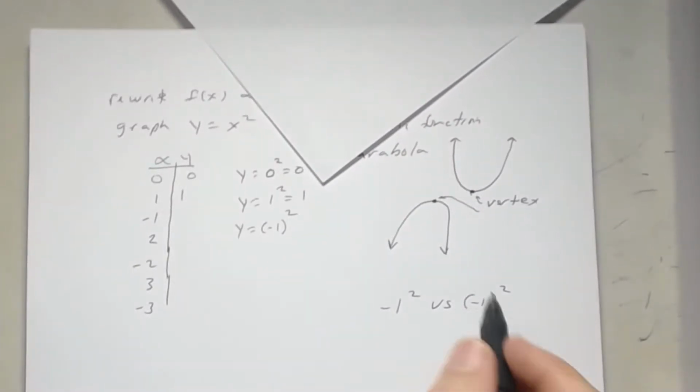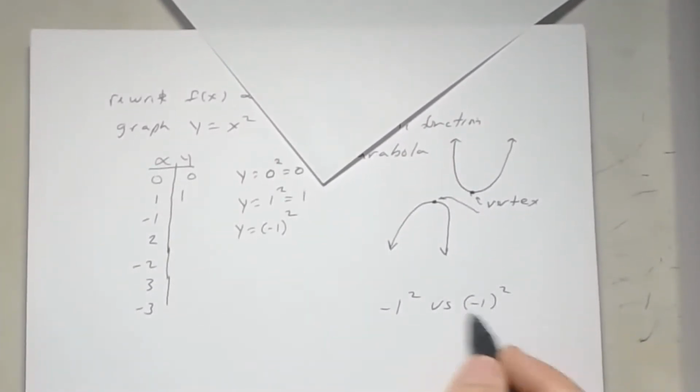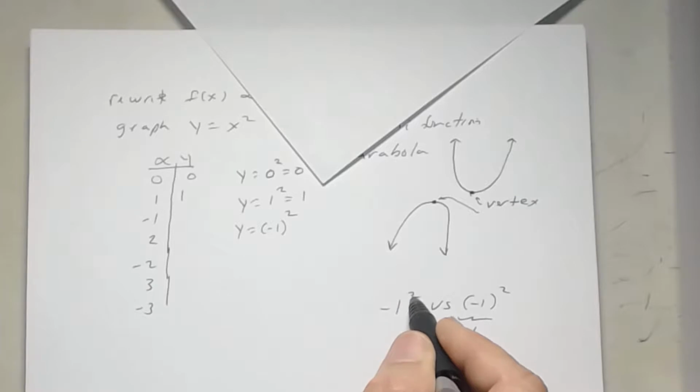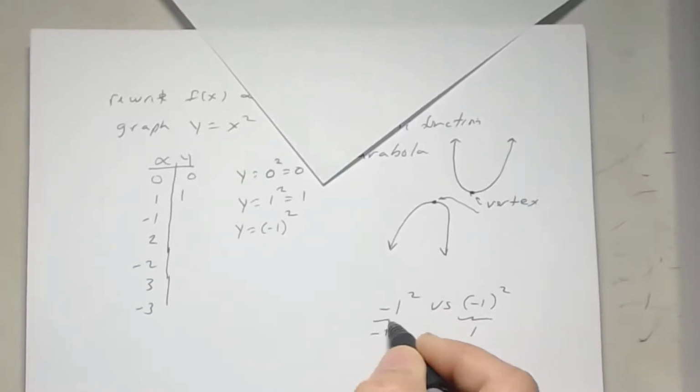Here, what's being squared that I'm pointing to? Negative 1. So what's negative 1 times itself? 1. Here, what's being squared? 1 only. What's 1 squared? But it's what kind of 1? Negative 1. All right, so there's a difference. So when putting negative values into the variable, put that in parentheses. So when x is negative 1, what should my y value be?